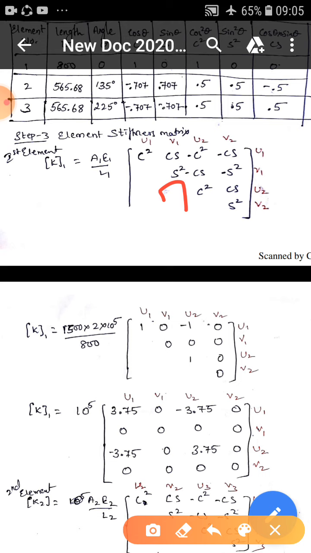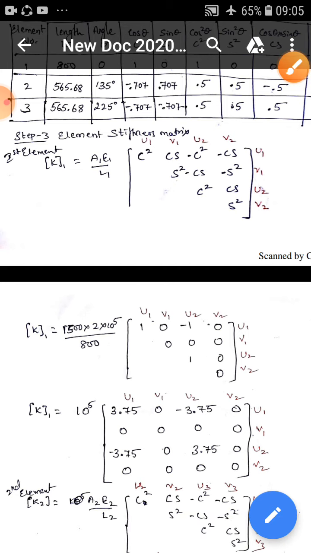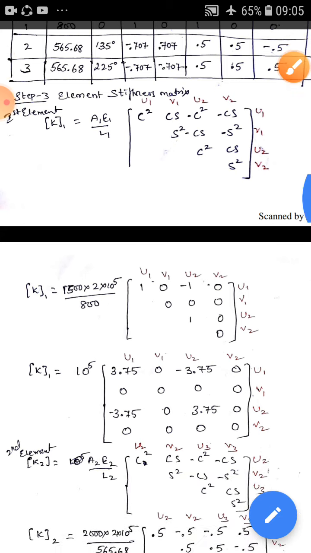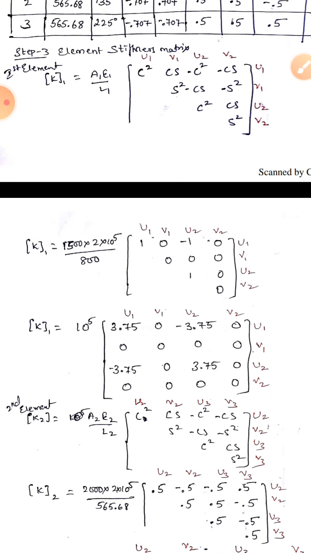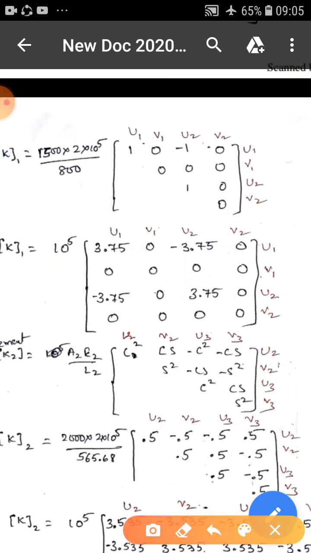To make our method easy, we can directly write only the upper triangle, substitute all the values based on those C and S values, C square, CS, and at the end fill all the values of the stiffness matrix. Only half the matrix needs to be worked out, and the other half will be copied down directly.